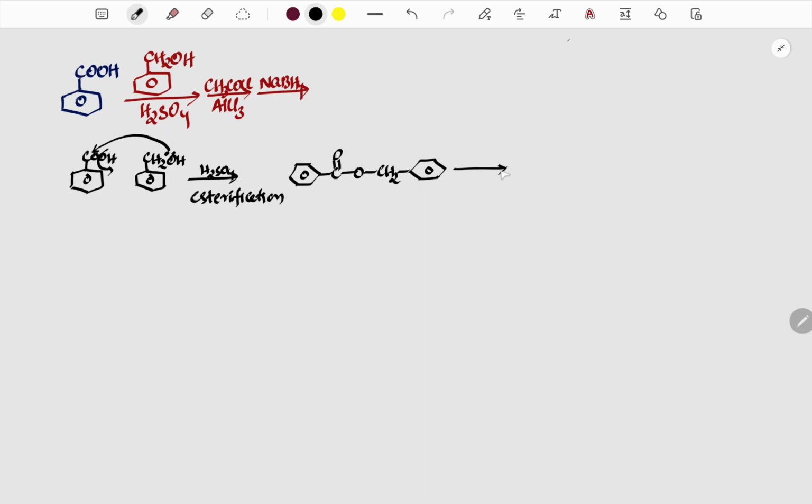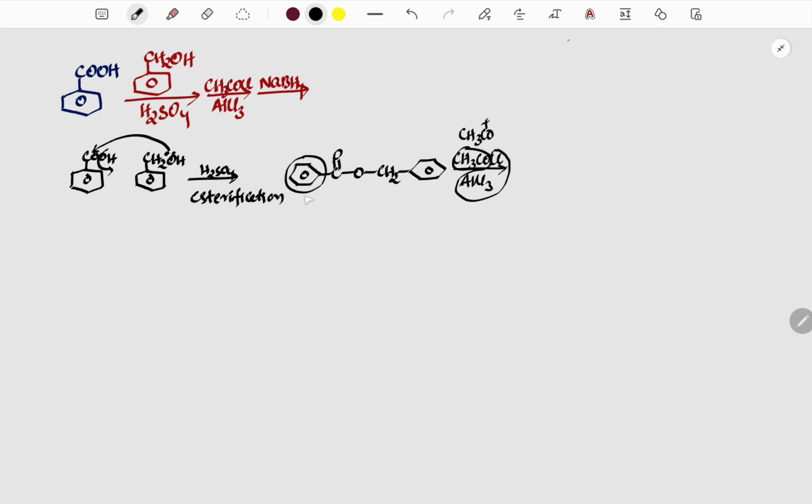Now this carboxylic ester is treated with CH3COCl, AlCl3. From this we remove AlCl4 minus, and we write the electrophile CH3CO plus. Now here we have two benzene rings.